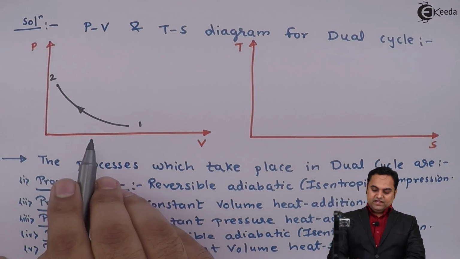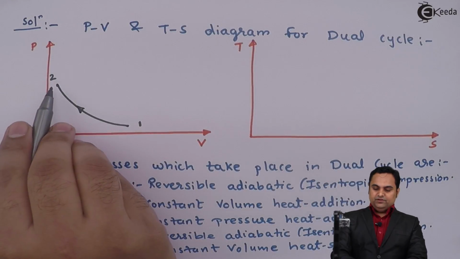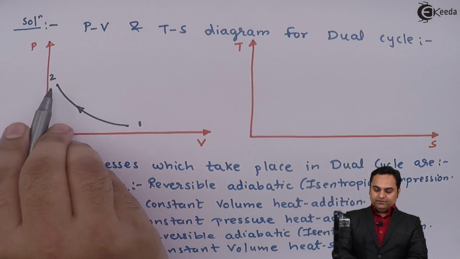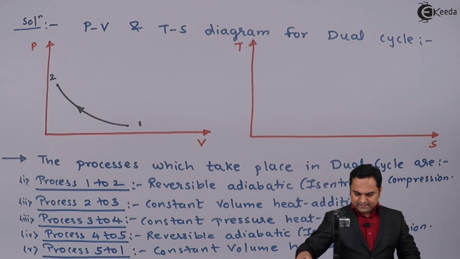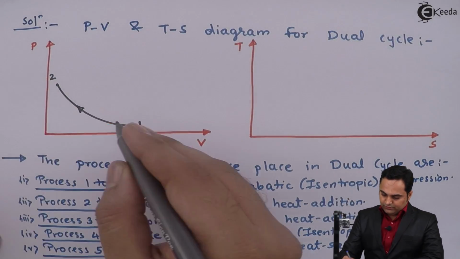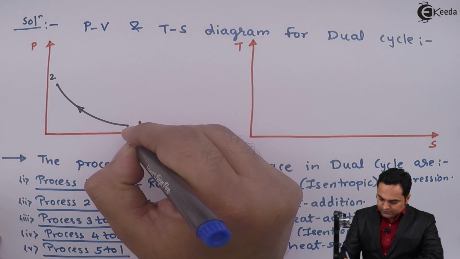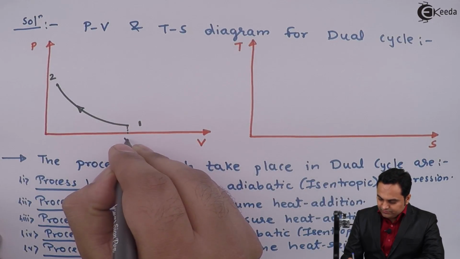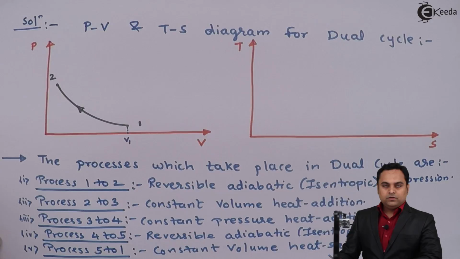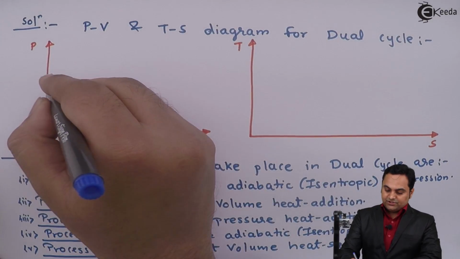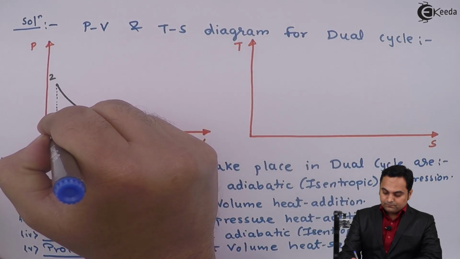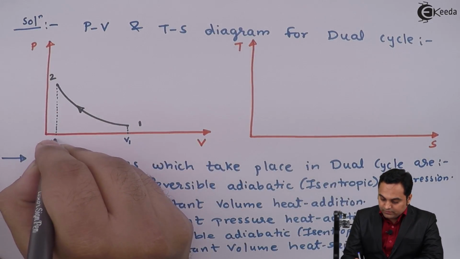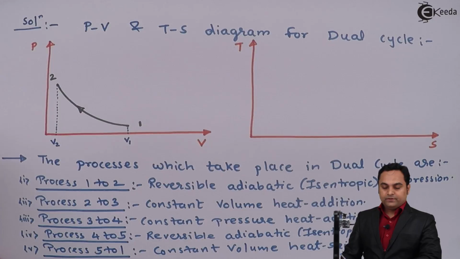After we have completed the isentropic compression, as we can see here, during the compression process, initially the volume is V1, but after compression the volume is reduced and now it is V2.